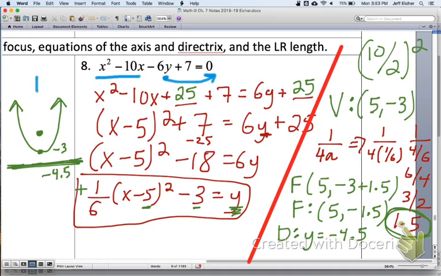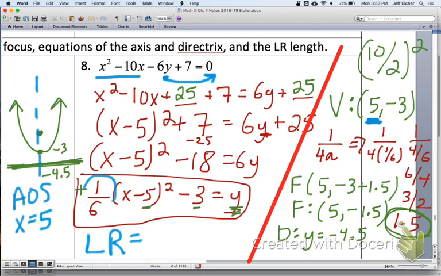The axis of symmetry is this vertical line. So the axis of symmetry is an x equals line. It's vertical, so it's x equals. And it passes through the vertex, and the vertex has a 5, so it's x equals 5. And then finally, I think that's it. The LR is the reciprocal of 1 over 6, so the LR is 6.